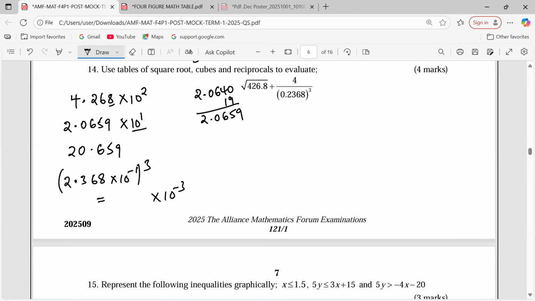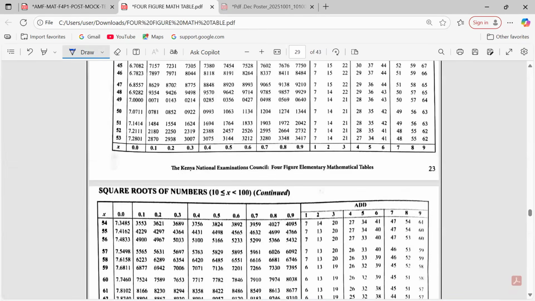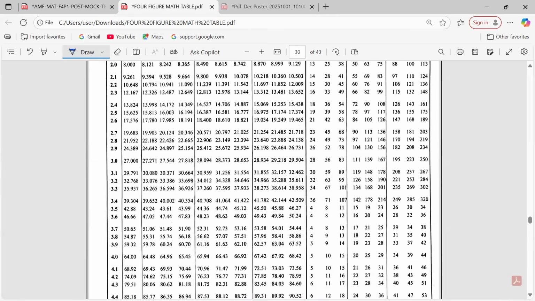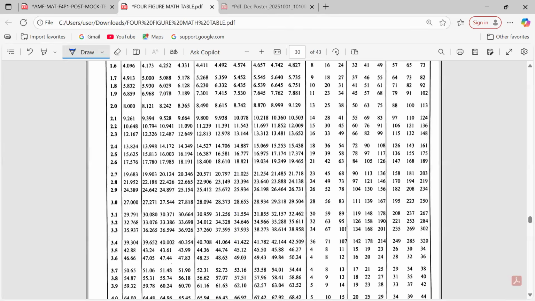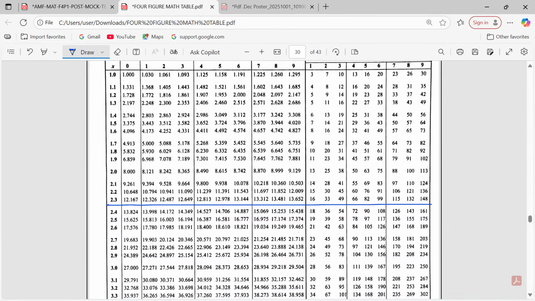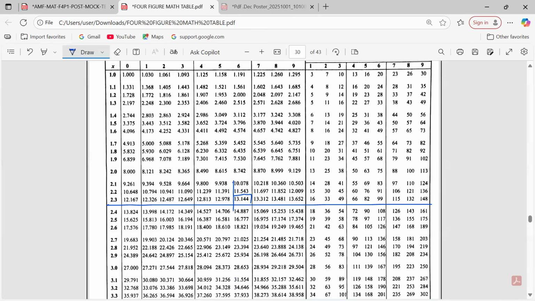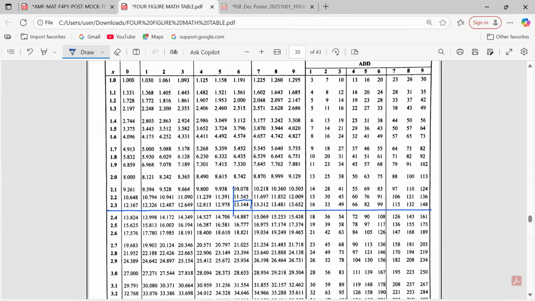So the cube of 2.368 should be read from the tables. We go to cubes. 2.3, then 68. So 2.3 is here, and this is it: 13.144. Then we add whatever is at the column of 8, because it is 2.368.